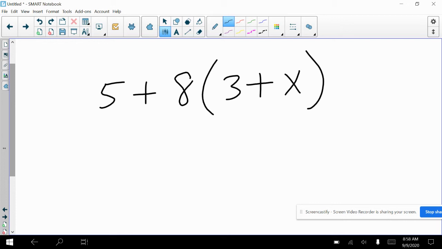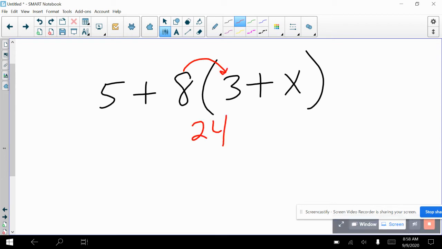Okay, listen carefully. Anytime that you have a number next to parentheses, you have to distribute first. That 5 is like another house in another neighborhood. We'll tack it on at the end. That make sense? Okay. So we got to do this. 8 times 3 is 24.